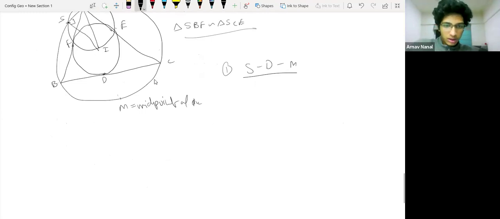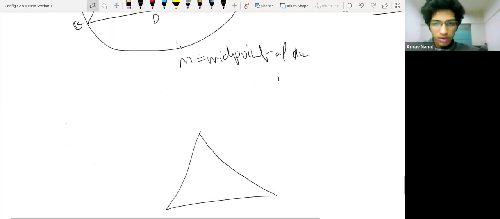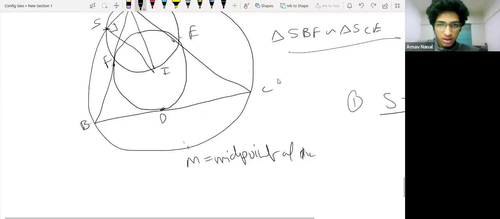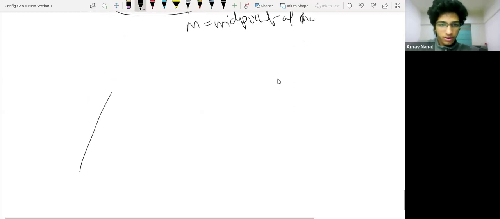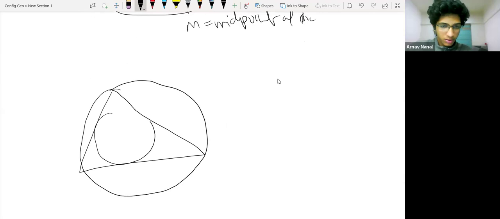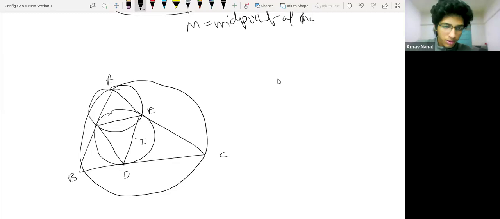Okay, so now this is one of the important properties of the Sharky-Devil point, and it's the last property we do today before we try to do some problems.